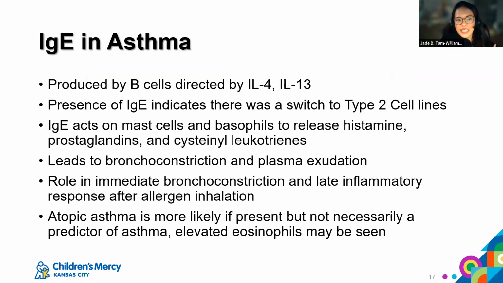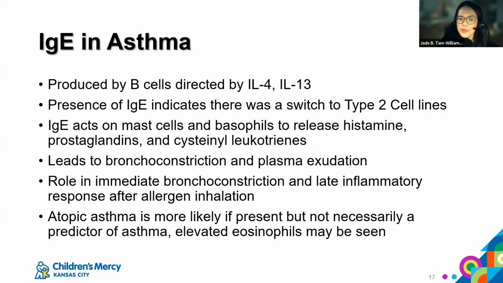Whereas IgE is a type of immunoglobulin. IgE is an antibody that is produced by B cells under the influence of IL-4 and IL-13. And its job is to go to these mast cells and say, hey, I need you to release a whole bunch of histamine. I need you to start that allergic process. And by that, it then starts what we call bronchoconstriction or airway narrowing.